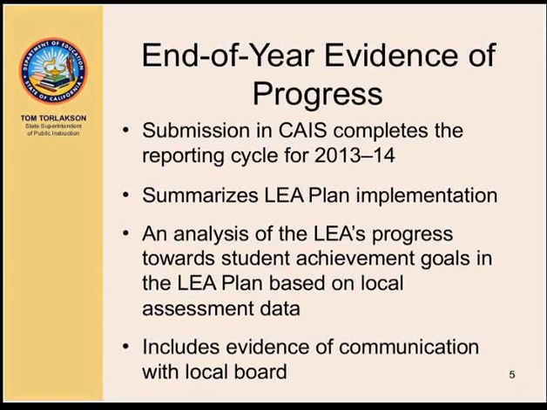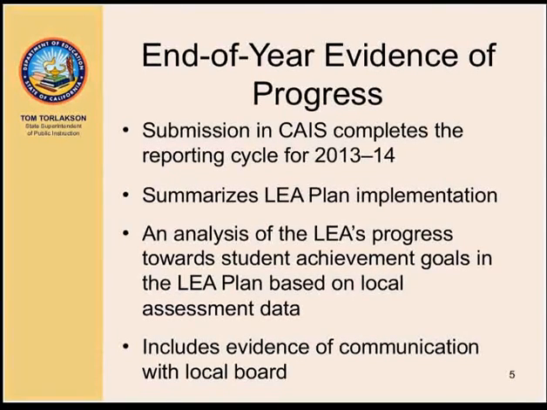And finally, LEA should provide evidence of annual communication with their local governing board regarding the implementation of the LEA plan, strategies, and actions, and the progress towards student performance goals in the plan.